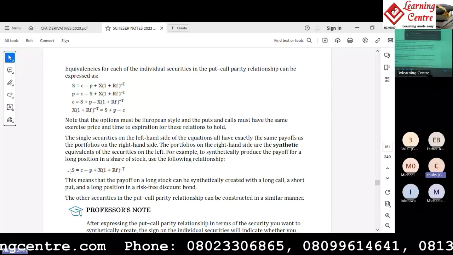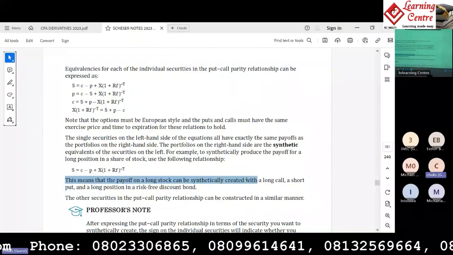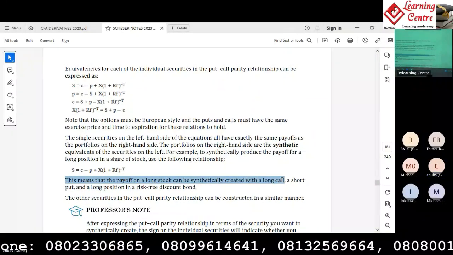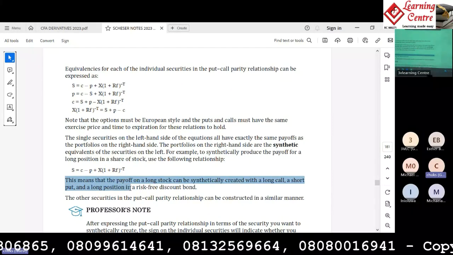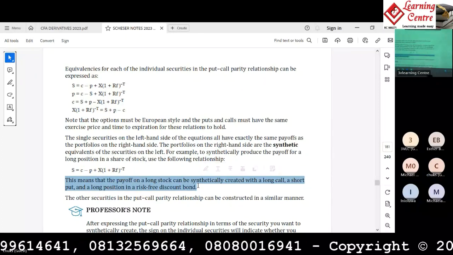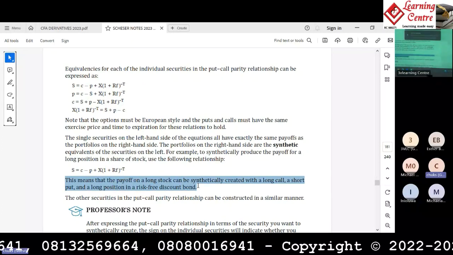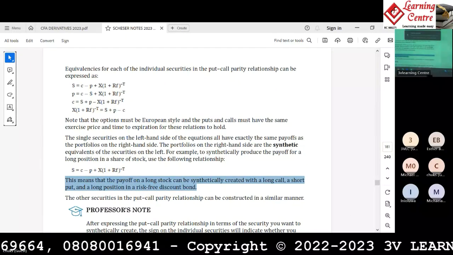This means that the payoff on a long stock can be synthetically created with a long call, a short put, and a long position in a risk-free discount bond. So you have to understand the relationships with each of these things.